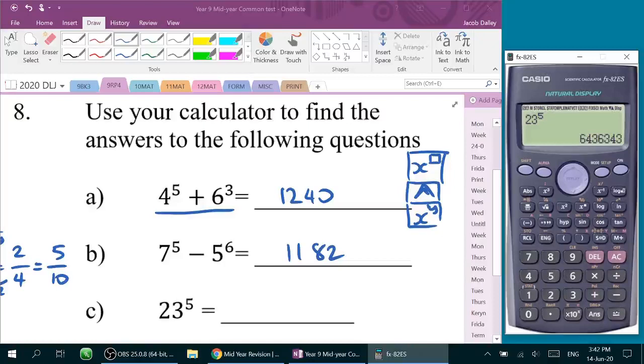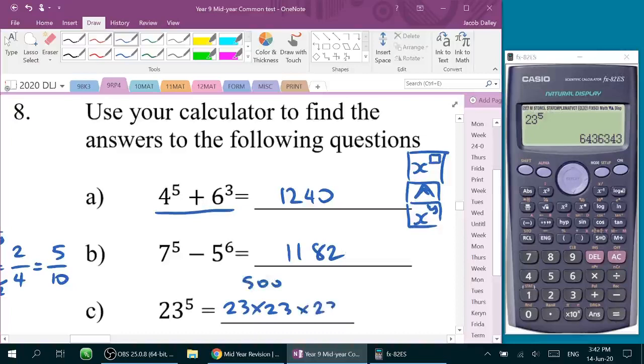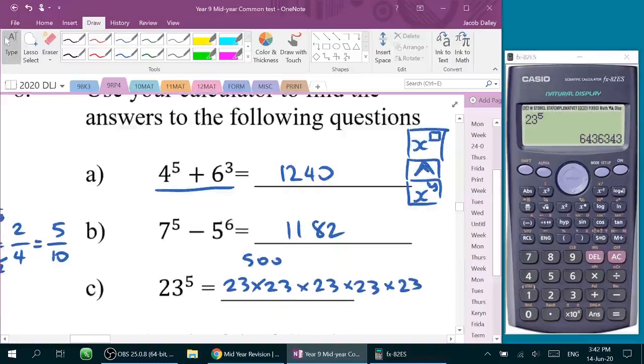So that essentially is, you can imagine doing 23 times 23, that would be about 500 just by itself, but by doing to the power of 5, we're going 23 times 23 times 23 times 23. So that's saying we're getting 64336 343.